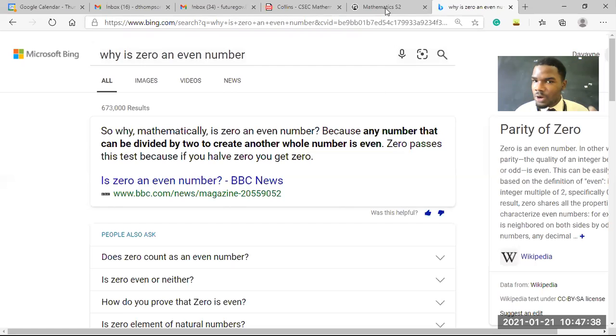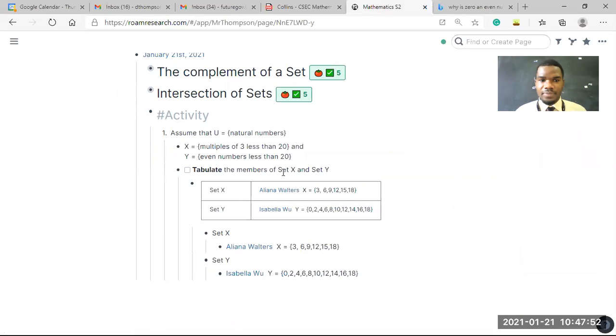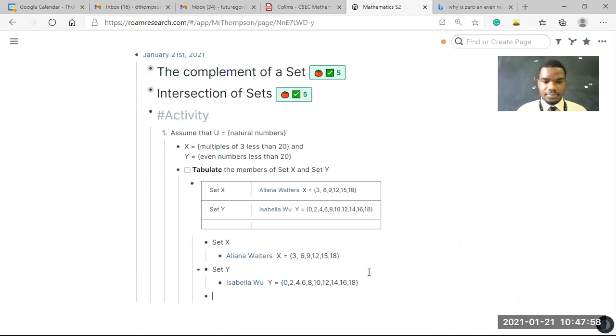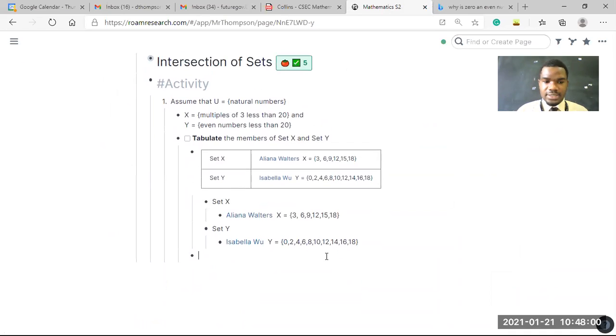Is 0 a whole number? Yes. Right. So technically 0 is a whole number because when you say 0 divided by 2, you get 0 and 0 is a whole number. All right. So we learned something a while ago.